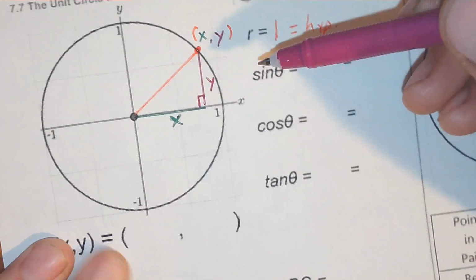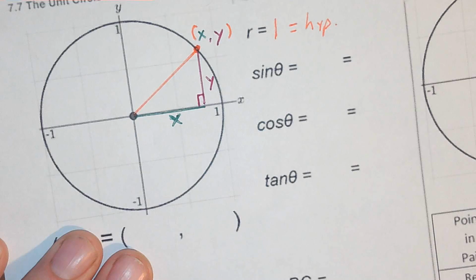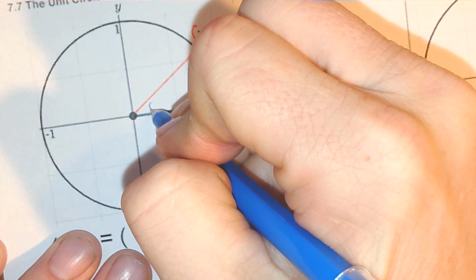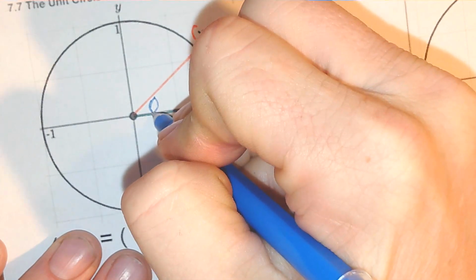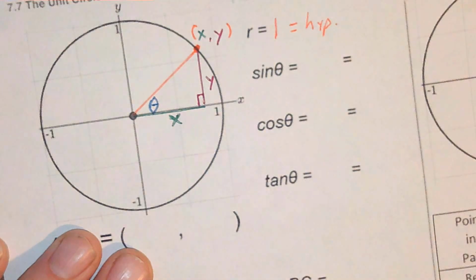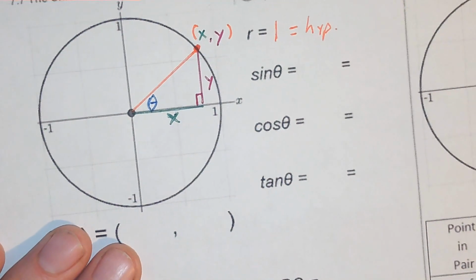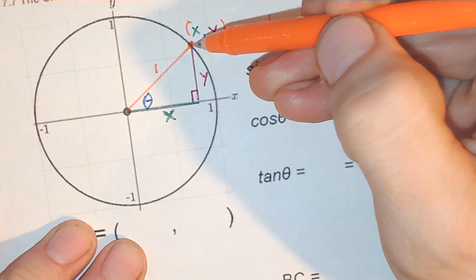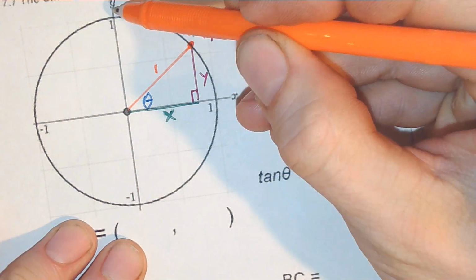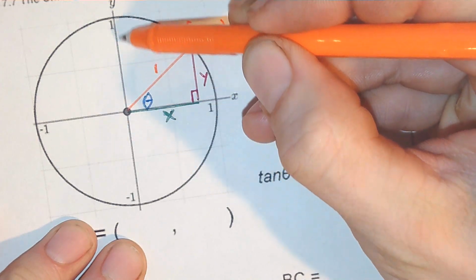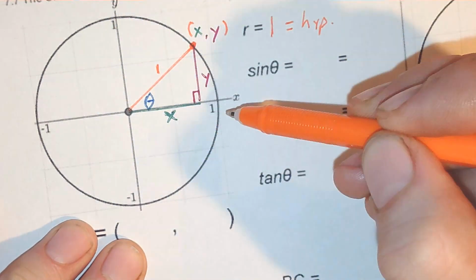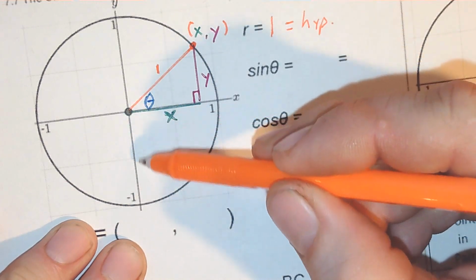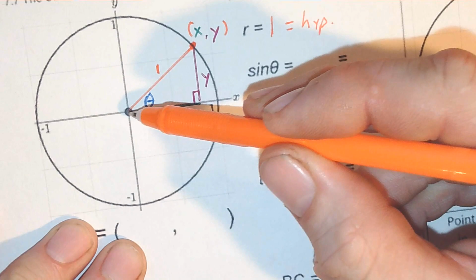Okay? Now let's say, for instance, I wanted to identify this angle here, and I wanted to name that angle theta. And this radius here equals 1, because if I were to bring it all the way up to here, if I made x 0, or y 0, the radius of this circle is 1 here.